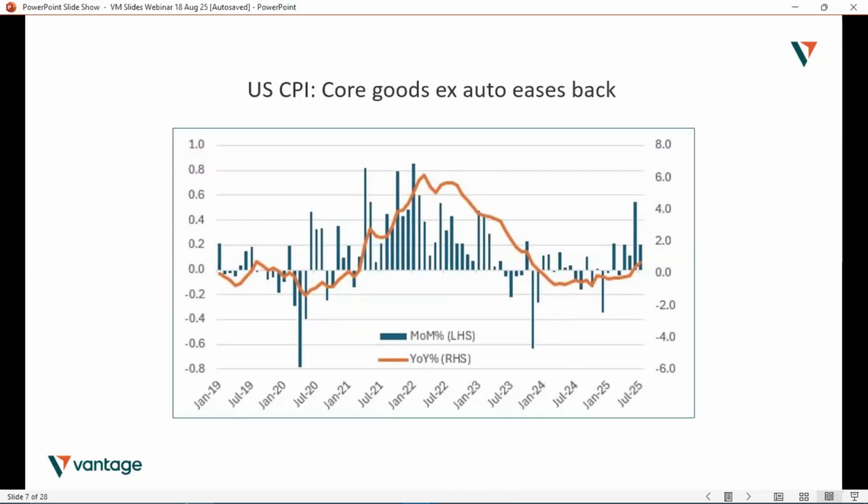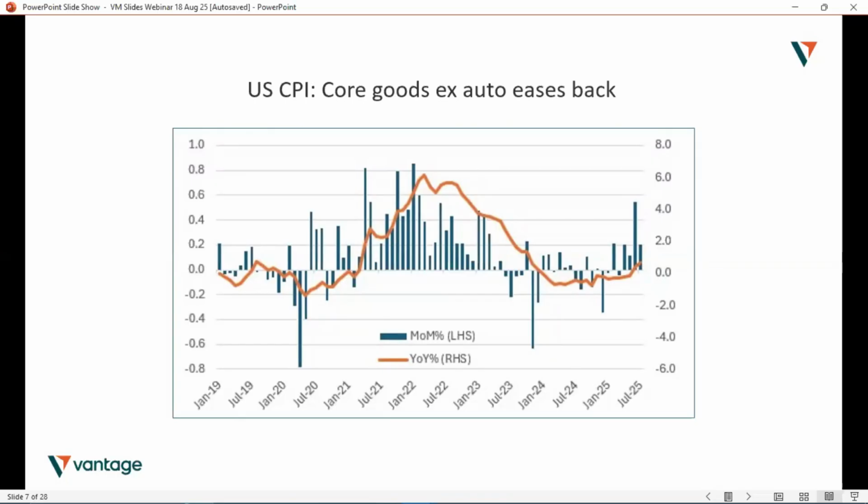I will mention it for the Jackson Hole symposium, but of course we get one more US CPI report, that is on September 11th. Actually, that's just a week before the September FOMC meeting. And regarding PCE implications, the core PCE number, the Fed's favorite inflation gauge, comes out at the end of this month.